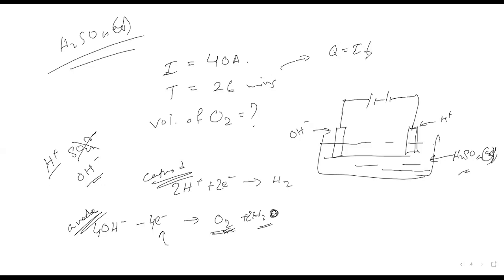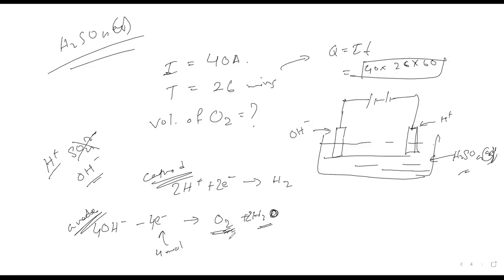Always remember one thing, we have to consider the time in seconds. So 40 times, we have to convert this 26 minutes into seconds, and 1 minute is equivalent to 60 seconds, so 26 into 60 seconds. That's our total amount of charge. And from the equation, we see 4 mole of electrons produces 1 mole of oxygen.